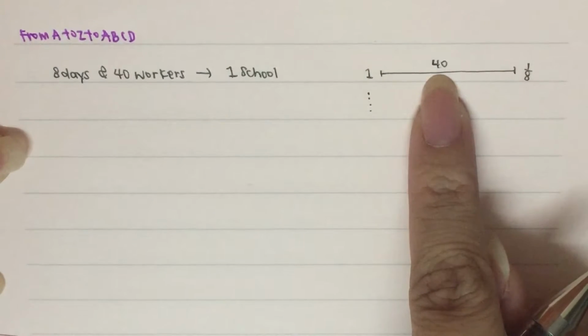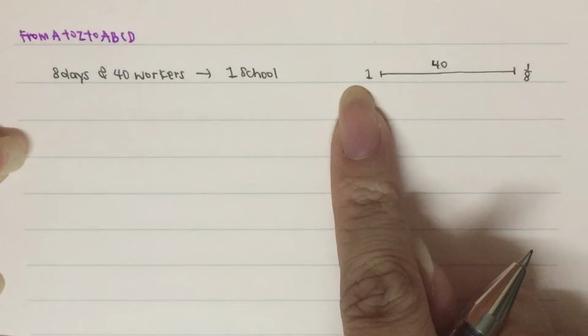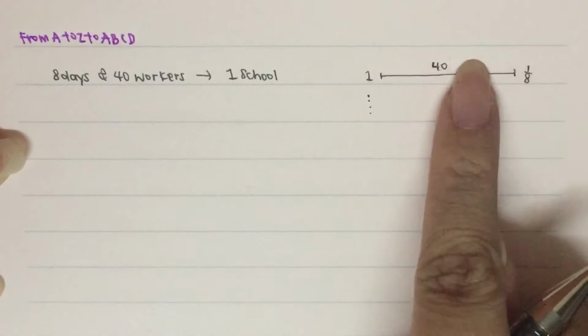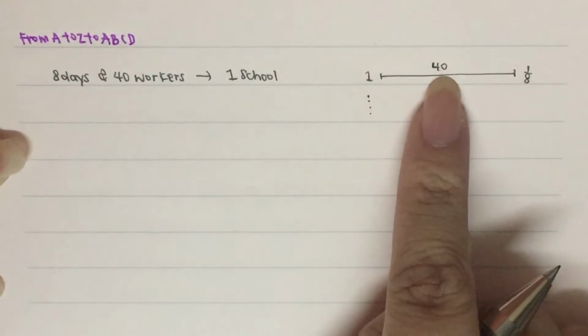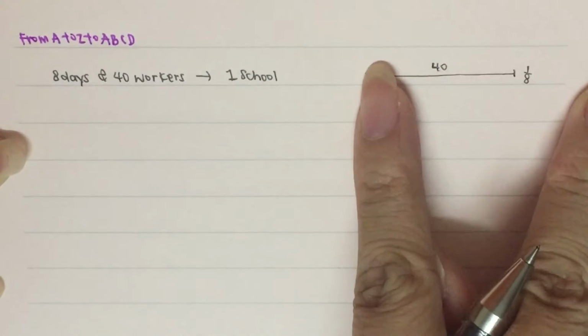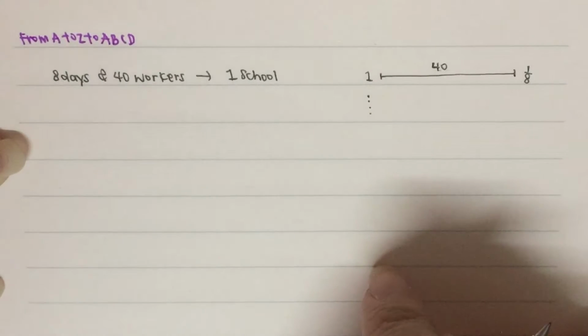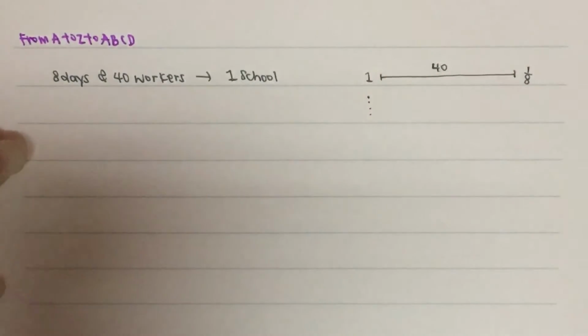Therefore, increasing the number of workers will end up decreasing the number of days, given that they paint an equal share per day. Then if I increase the number of workers, for example, use another 80 workers, but I don't decrease the number of days, I keep it at 8 days, then at the end of the 8 days, they'll be able to paint 2 schools, because in 4 days they can paint 1 school.